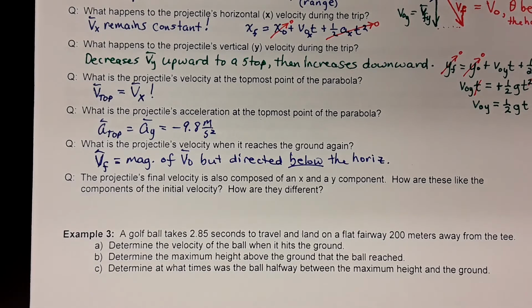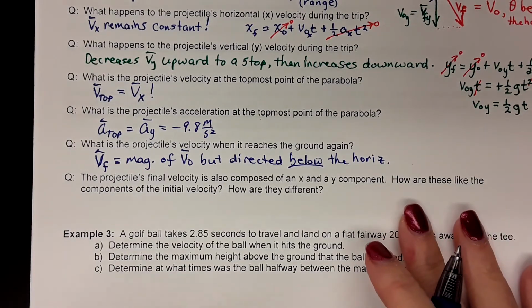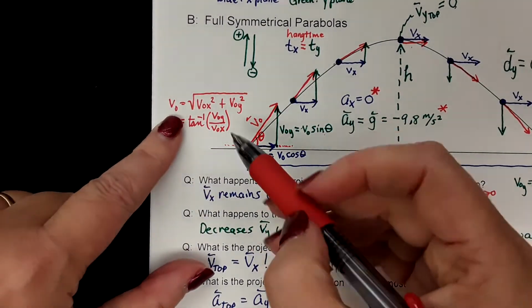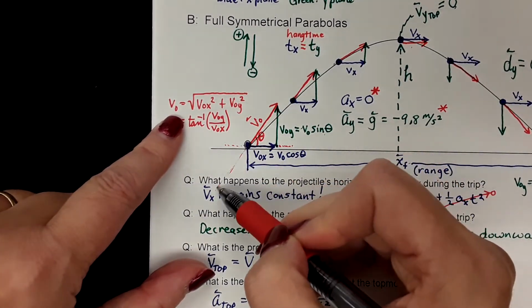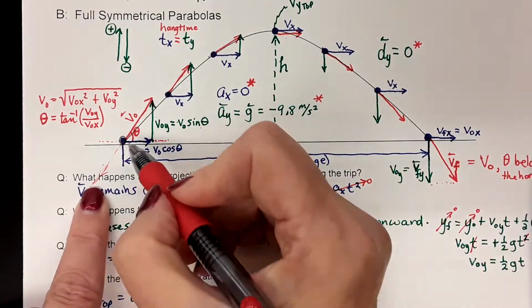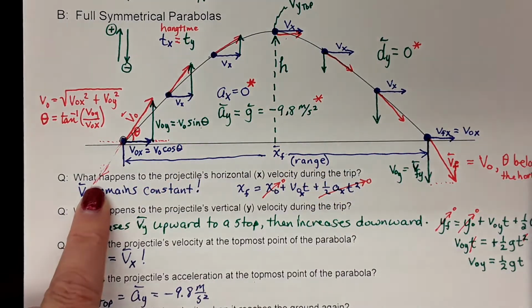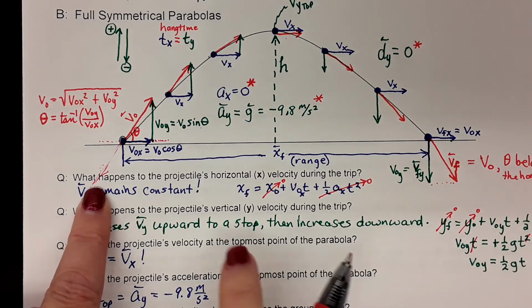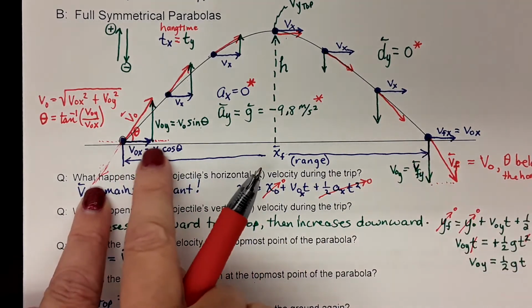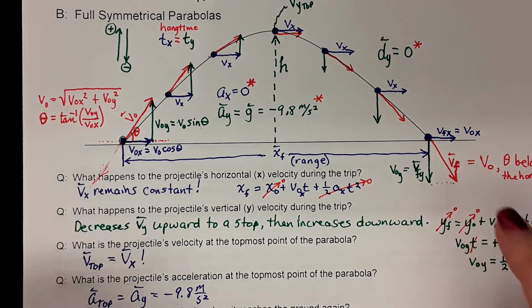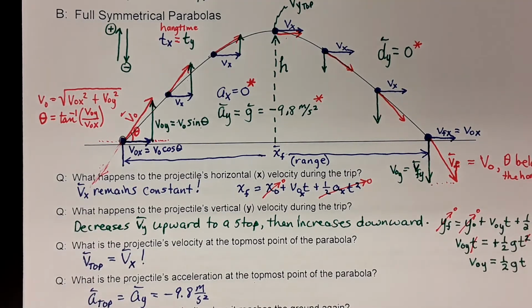Got it? And don't say it's the opposite direction. Be very careful about that. It's not the opposite direction of V sub O. Look right here. The opposite direction of V sub O would be this way. Now look, those two are not the same, are they? It's not this way. So be careful about saying it's the opposite direction. It most certainly is not, because it still has a forward component. It's directed below the horizontal rather than above. That's how we say it.